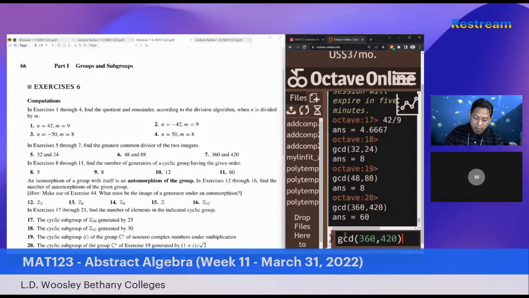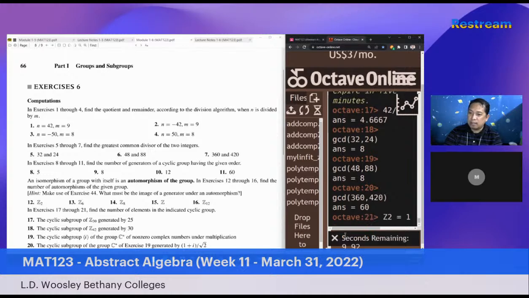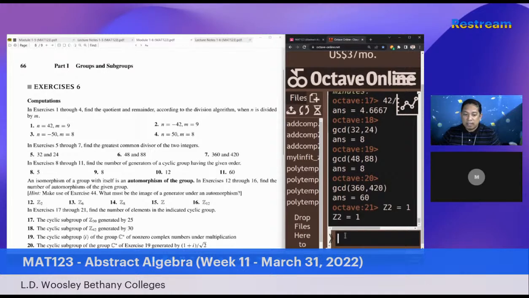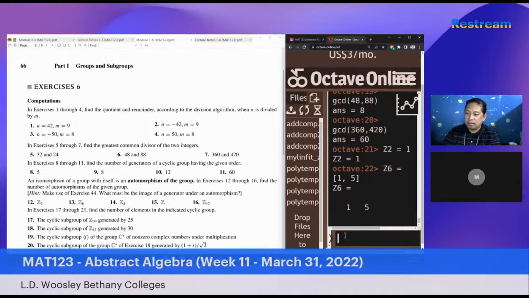For C sub 2, dalawa, ay isa. Isa dahil ang generator niya 1. C sub 3 or C sub 6, ang generator niya ano? So, meron kang 1 or 5 as your generator. Okay?